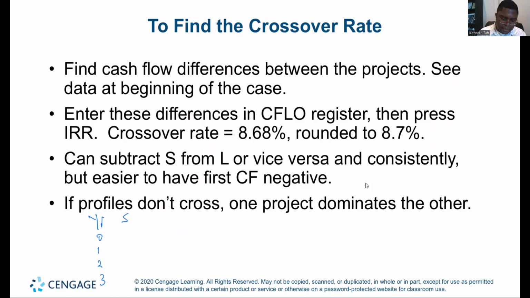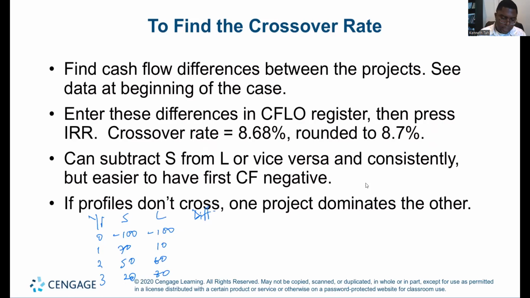For S, the initial cash flow is minus 100, then 70, 50, and 20. Then we have L, initial cash flow is minus 100, then 10, 60, and 80. So what we do is to calculate the difference.